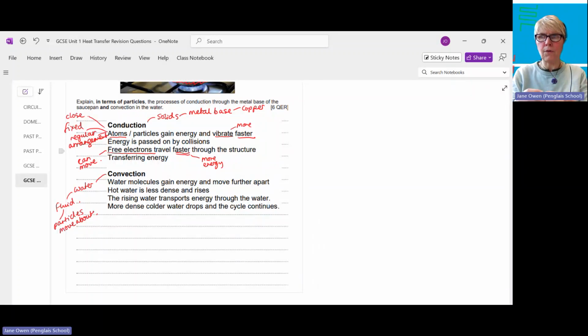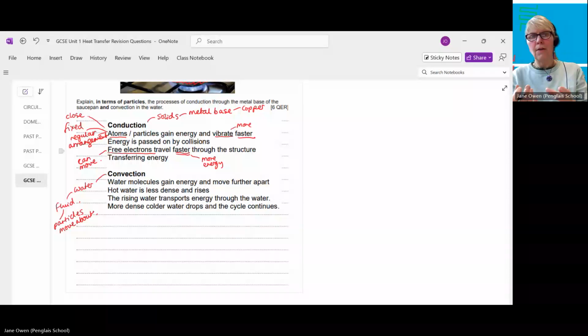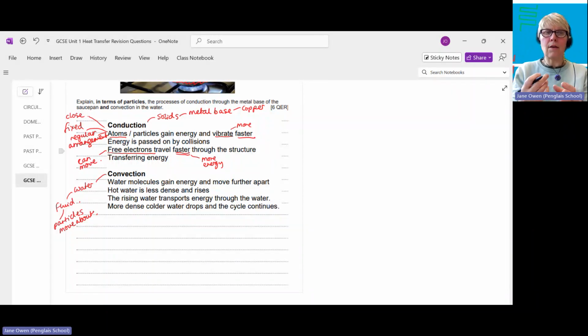The particles themselves don't expand, but the space that they occupy, because they are vibrating more, gets bigger. The space expands. So at cold temperature, it's vibrating a little bit. At hotter temperature, it's going to be vibrating a lot.